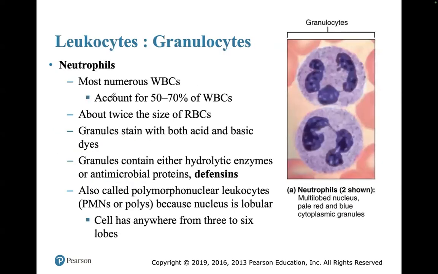First, the most abundant one, neutrophil, 50 to 70%, twice the size of RBC. So it's bigger than RBC. It has these granules, but most importantly, the enzyme I was talking about is called defensin. This is a hydrolytic, antibacterial or antimicrobial enzyme.